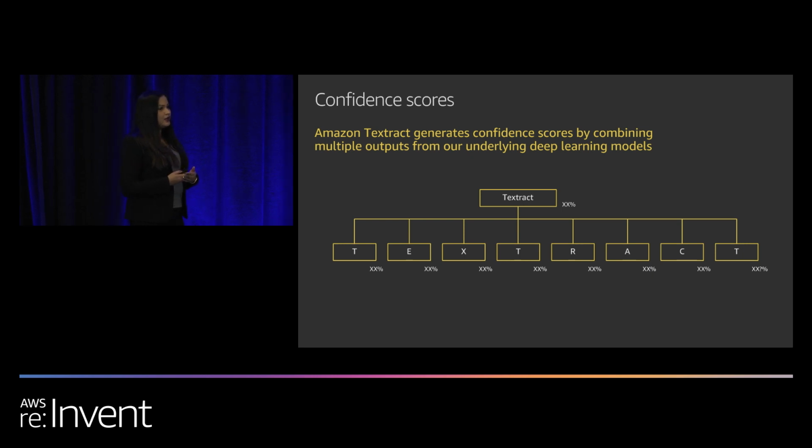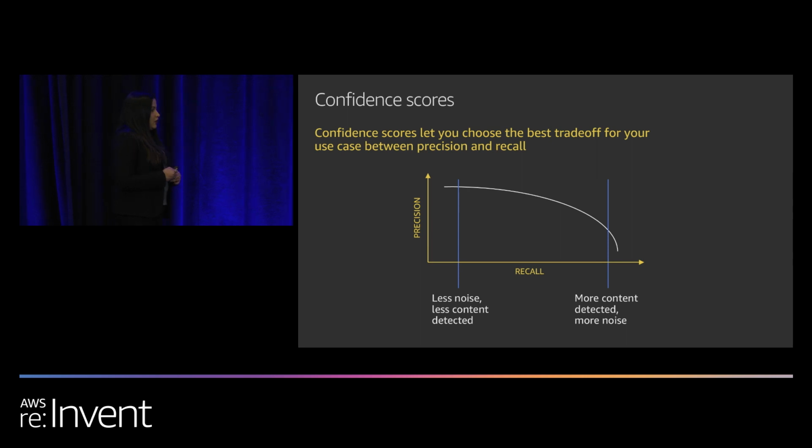As an example, the confidence score associated with the word Textract is made up of the individual confidence scores of each character that makes up the word. What do these do? The confidence scores are designed to enable our customers to choose a trade-off between the best precision and recall depending upon their use case.